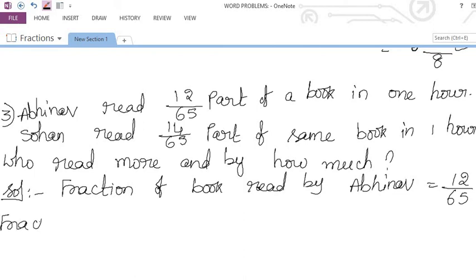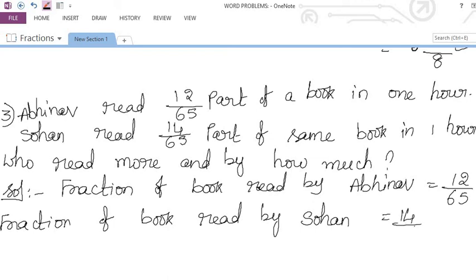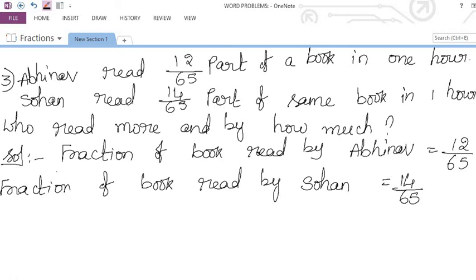Now, fraction of book read by Sohan is 14 by 65. And now the next answer is, who read more? For that I am writing the answer. Sohan read more than Abhinav.